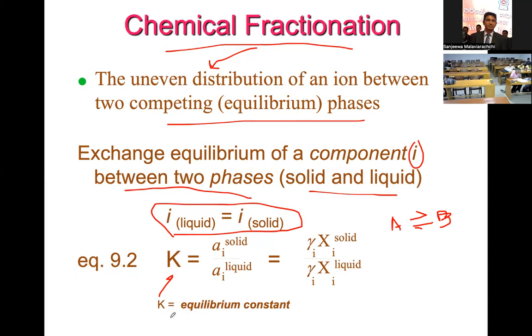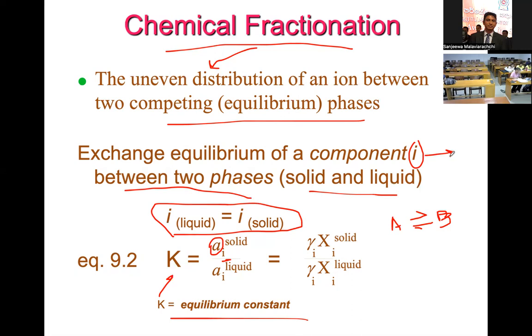So we normally take the activity of the component, the ith component, because it can be A, B, C, D, F, G, H, or whatever components.